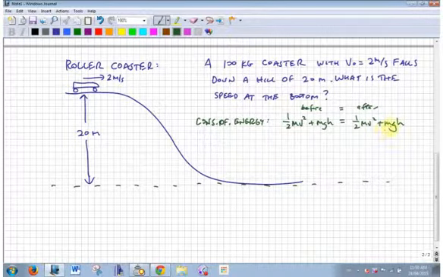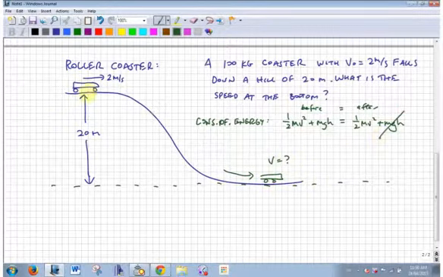So having said that, what is the potential when it gets down to here? Yeah. Okay. Now, can I say it has no kinetic at the start? No, it cannot. It's got energy here, and obviously it has potential. And again, do you like fractions or decimals? It doesn't really matter. Do I have a mass?